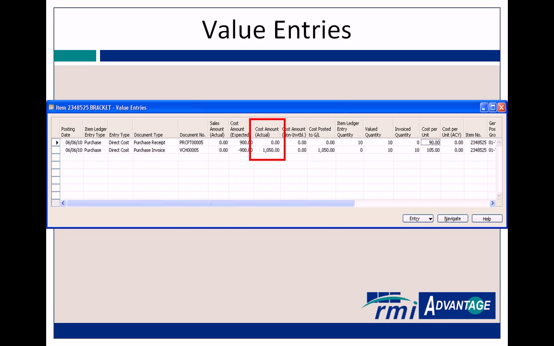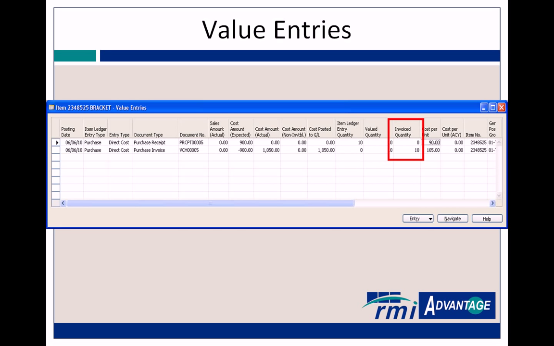In the next field, our cost amount actual is populated because we now received our vendor invoice and accounted for it. So the system knows exactly what we're going to be paying. Our cost amount posted to the GL has now been updated by the system because once we posted that vendor invoice, the system went ahead and filled in our cost amount that was posted to the GL. Our item ledger entry quantity is 0 because we account for the inventory on the receipt.